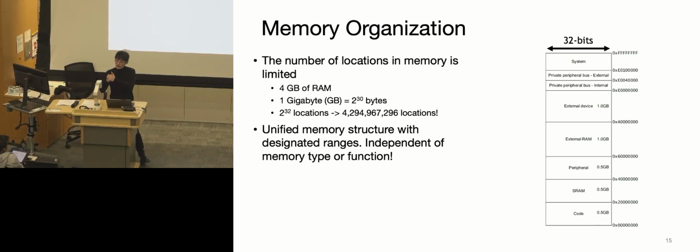I think that's the only thing that might be a bit tricky here. But in general, any block within this memory is treated exactly like the others, whether it's external memory or an external device, the stack, or later on, peripherals. They're all treated the same inside this memory-mapped IO system.